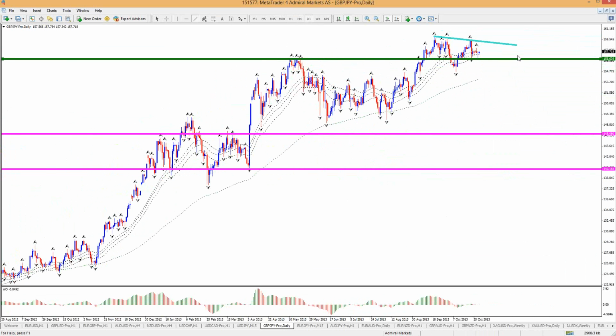If we connect these tops, yeah, when we break this blue line, you can see, of course, the continuation set in. That would be very interesting. Other than that, we can even connect the bottoms and it looks a bit like a triangle. That would be the best, probably.